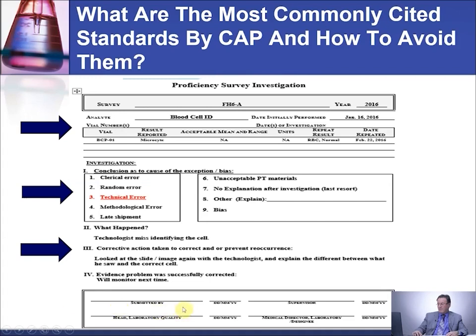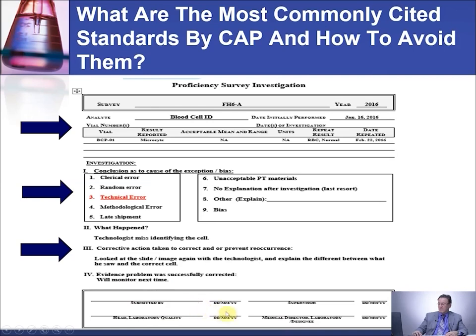And then evidence the problem was successfully corrected. Usually I write, will monitor next time, because you really don't know if the issue will be fixed until you get another survey and you see how you will do on it.